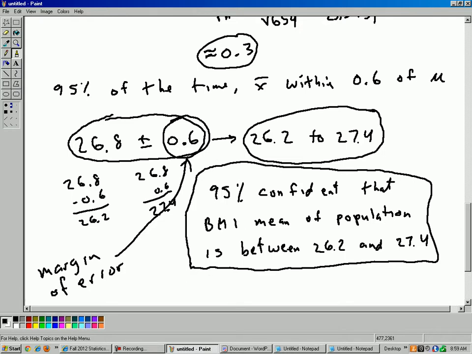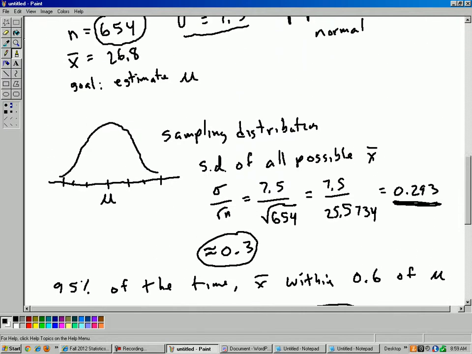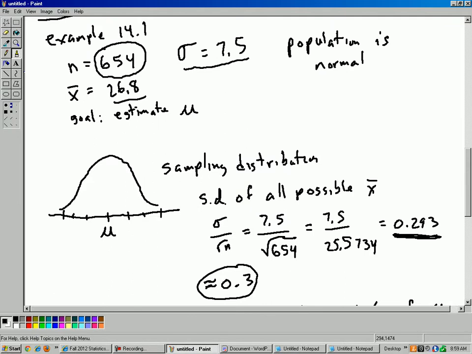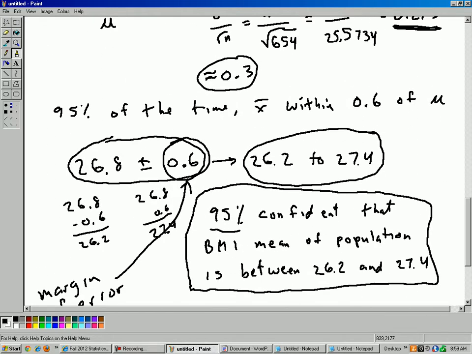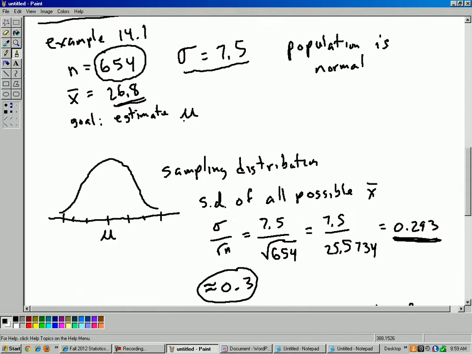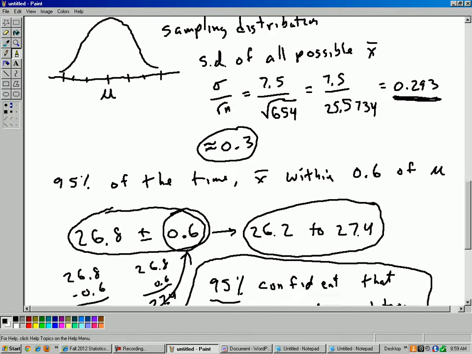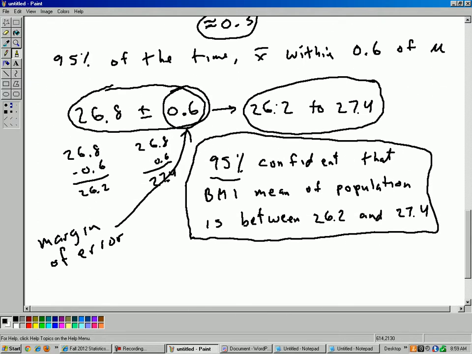And now, of course, we're only 95% sure. It's possible that this particular x bar, or this 26.8, was just one of those crazy samples. Maybe it was a huge underestimate, and maybe the real population mean is 29 or something, or maybe this 26.8 was an overestimate, was more than two standard deviations greater than the population mean, and maybe the real population mean is 25 or something.